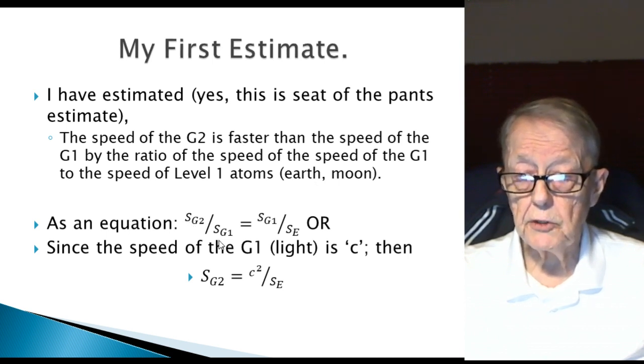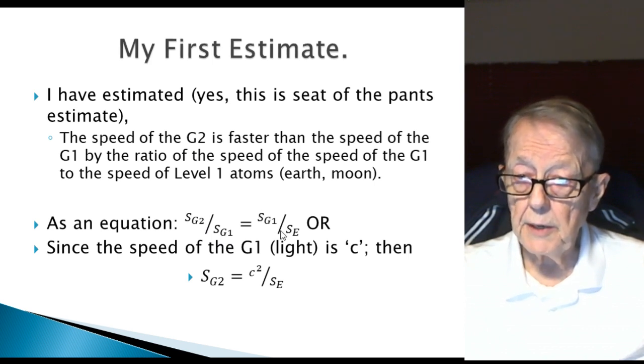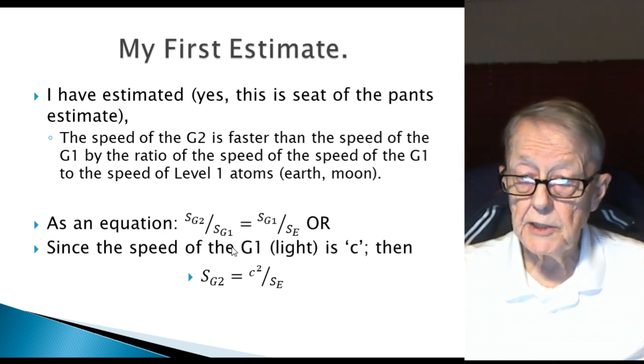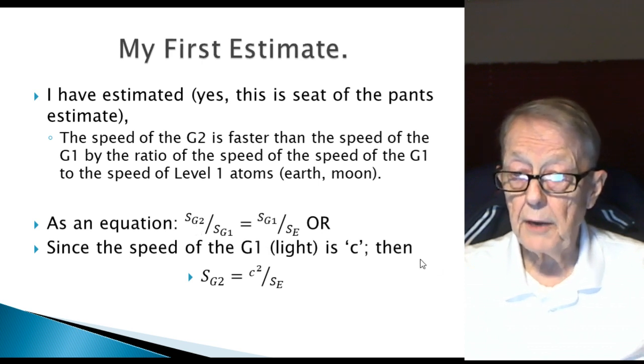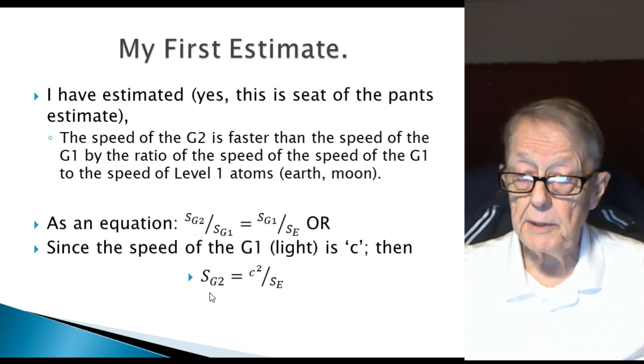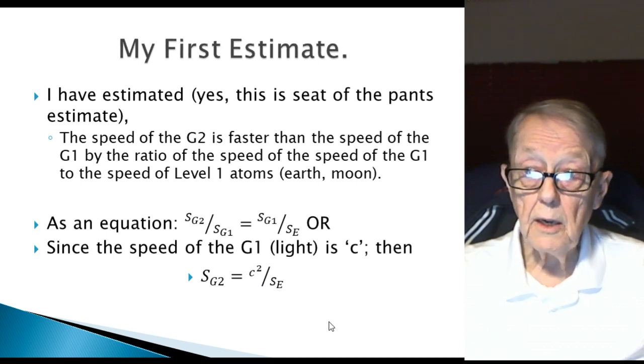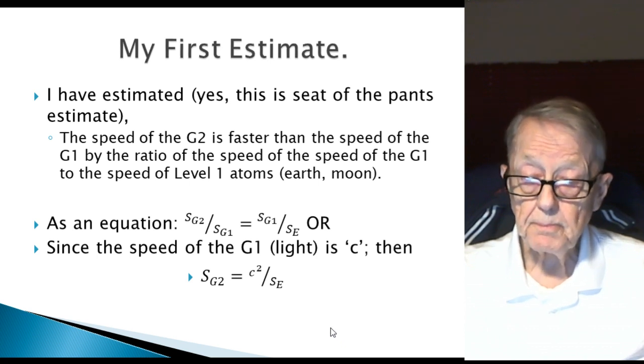The speed of the G2 is to the speed of the G1 as the speed of the G1 is to the speed of the Earth. Or I can change the speed of the G1 to c, since the G1 is moving at c, and then multiply through by c, and I get the speed of the G2 is c squared over the speed of the Earth. So you can see where the idea of c squared comes into play.